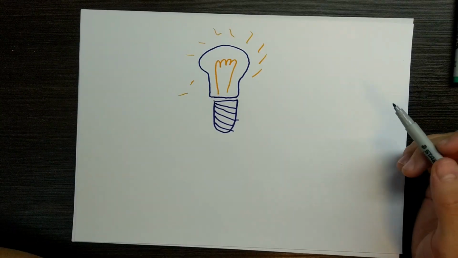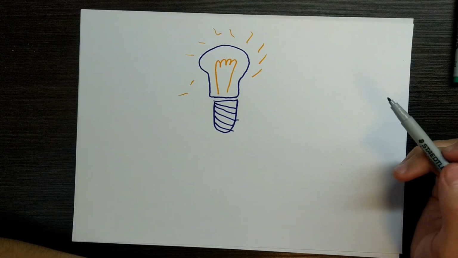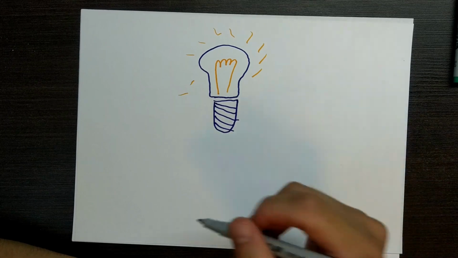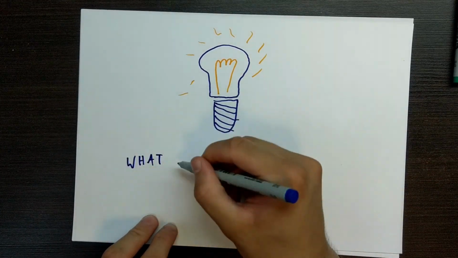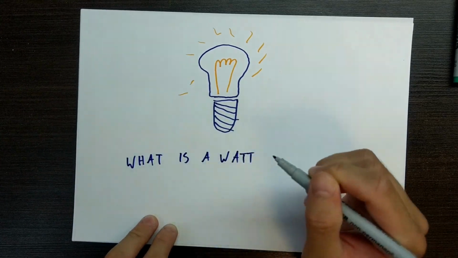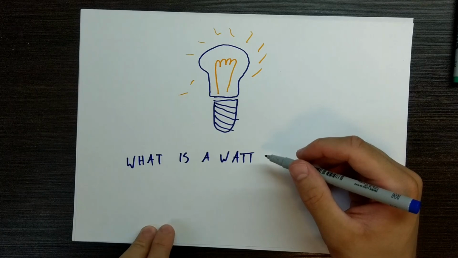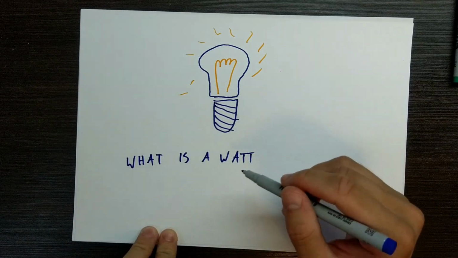Okay, so now we need to discuss what is a watt. No pun intended. What is a watt? Okay, so a watt is, again, a rate of transfer of energy. It's a unit to express that.